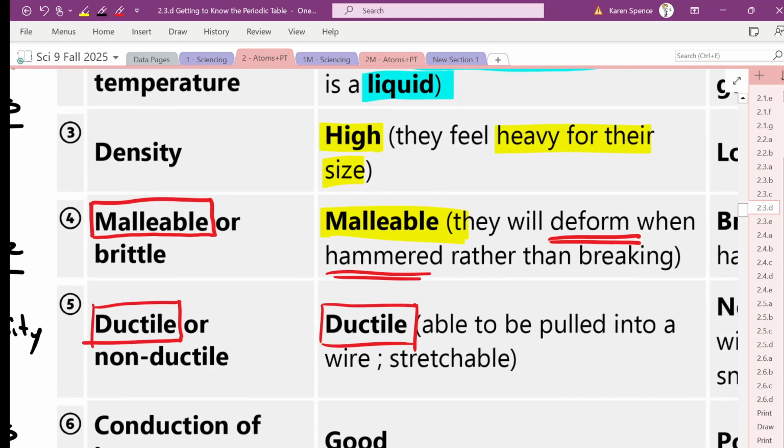Okay. So ductile means that you can take it and if you pull it really, really hard, it will actually stretch into a wire. Where do you find wires in your house?